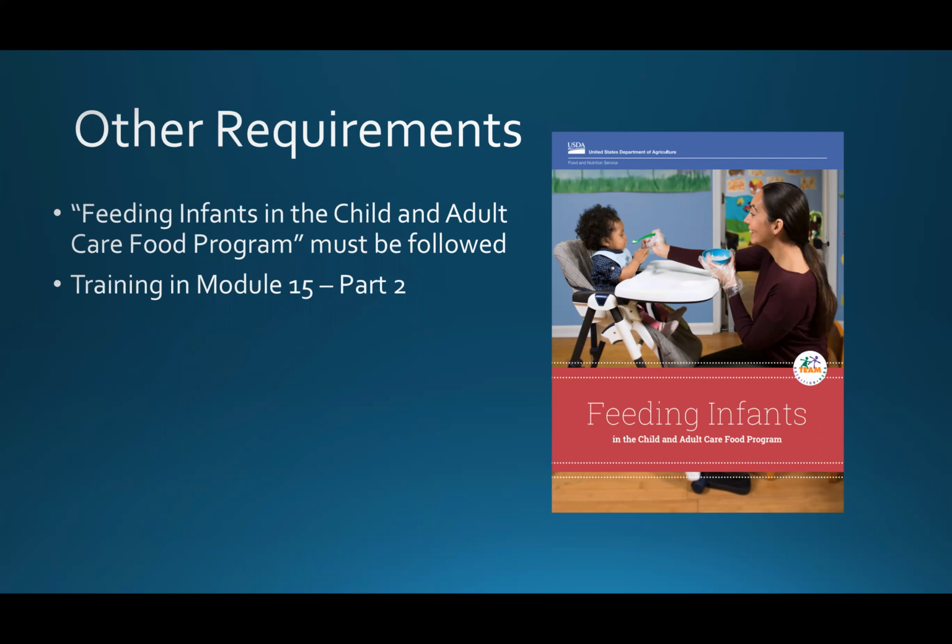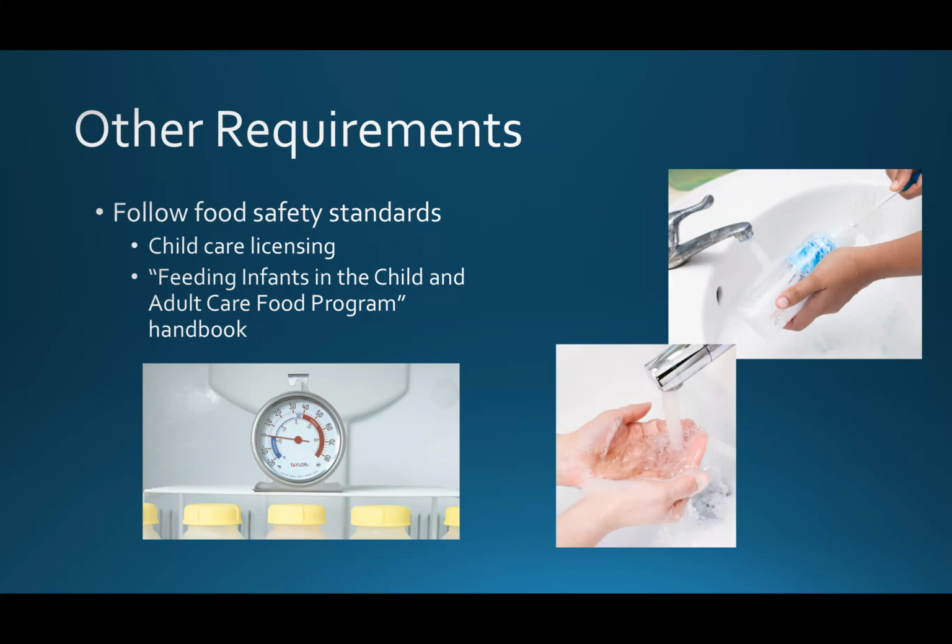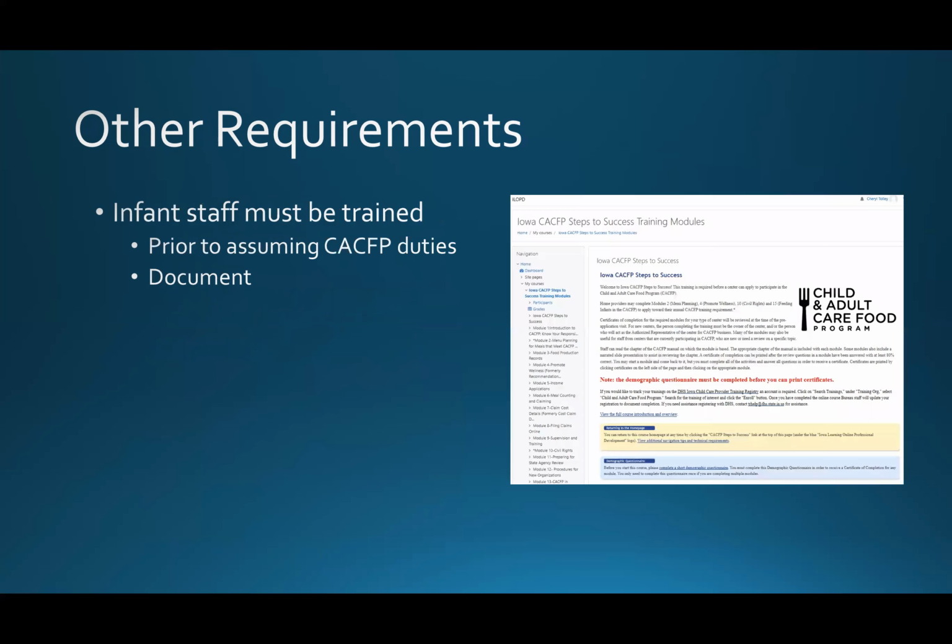Next, food safety standards required by child care licensing and described in the USDA Infant Handbook must be followed. Also, all staff members who purchase, prepare, serve, and record infant meals must be trained prior to assuming CACFP duties. Watching this video will fulfill the training requirement for most infant staff.